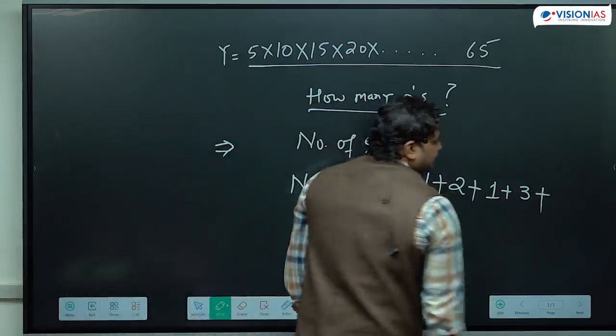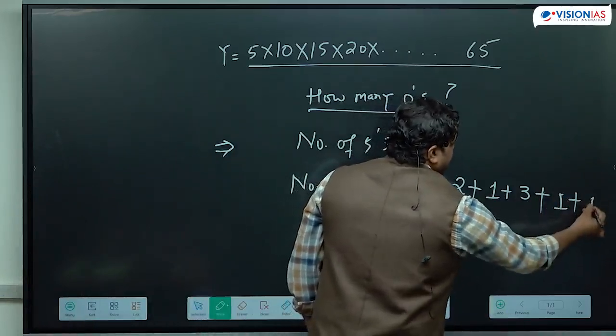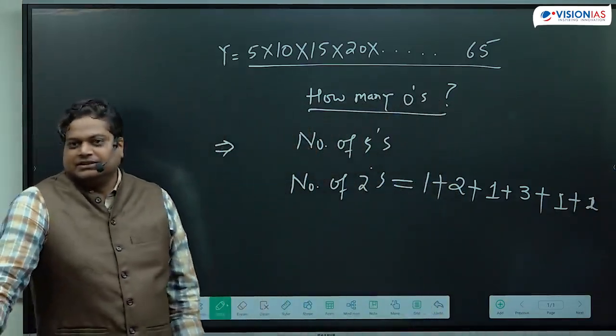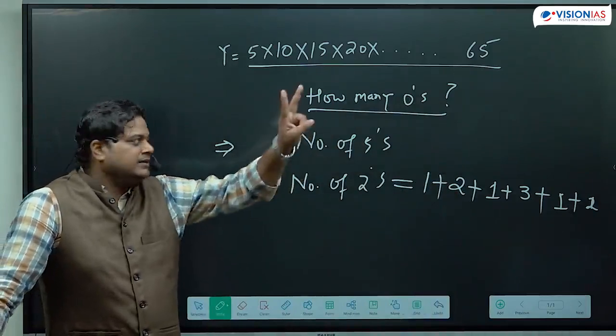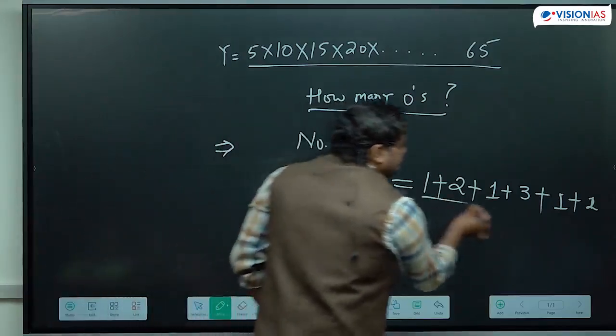After that at 50 there is 1, after that at 60 there is 1 and 2, 10 into 6, so 2 into 5, 2 into 3, after that at 65 there are 0. So how many 2s are there? 10.